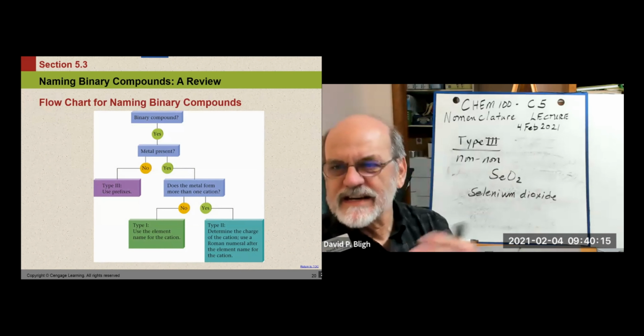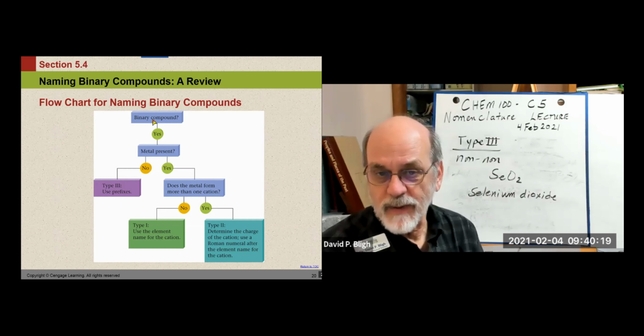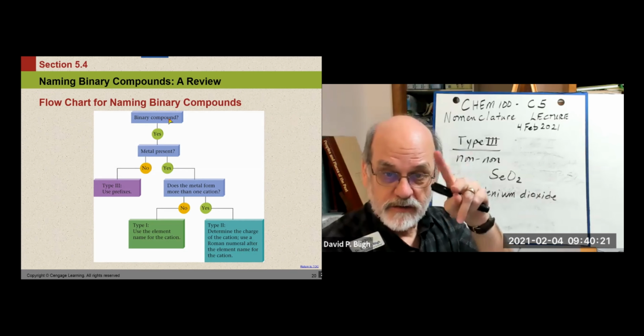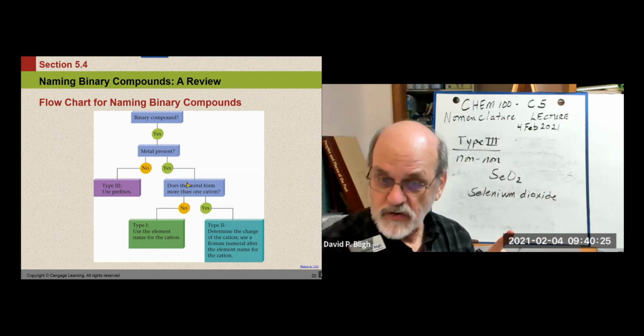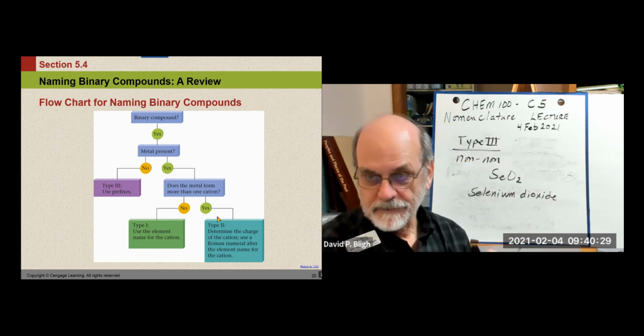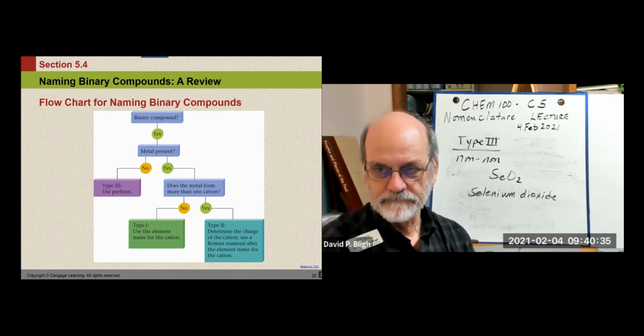Okay, so here's a decision tree. If you like this stuff, you have a binary compound. That means it has 2 parts. Is there a metal present? If yes, then you've got to decide, is it a type 1 or a type 2? And the decision depends on where the metal comes from in the periodic table.